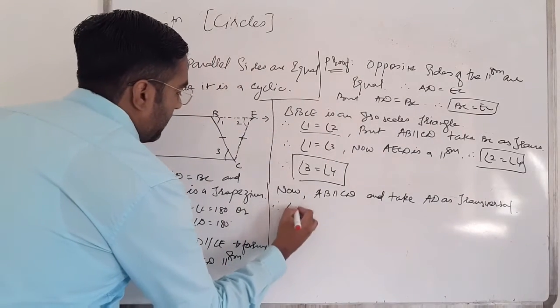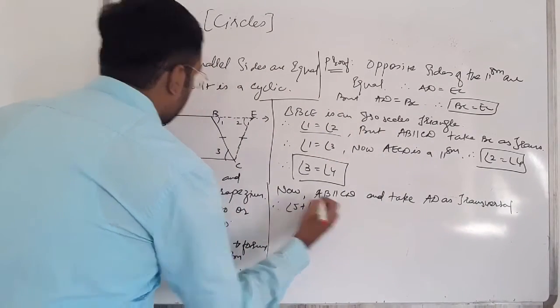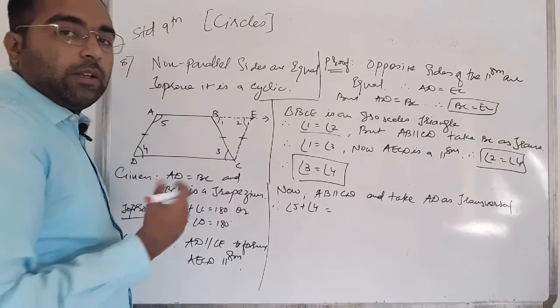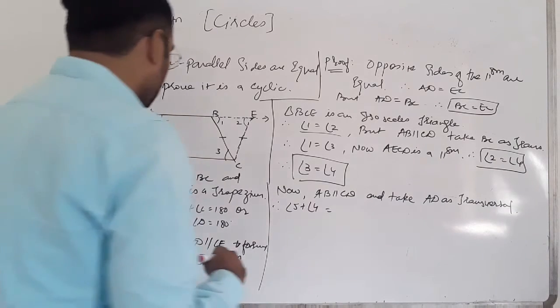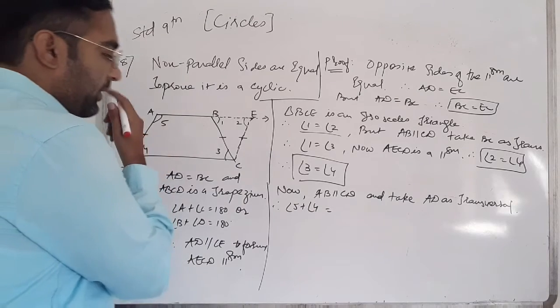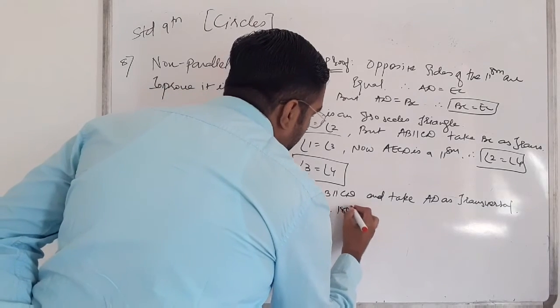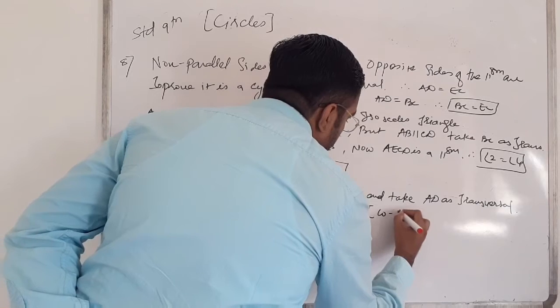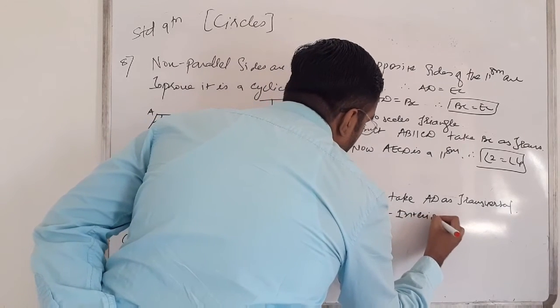Therefore angle 5 plus angle 4 is equal to 180 degrees, co-interior angles.